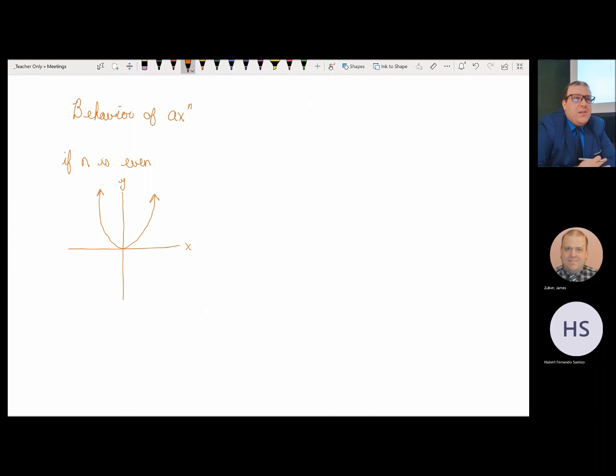It'll either be something like that. The only difference is as n increases, it flattens out. So it becomes flatter and the slopes become steeper.